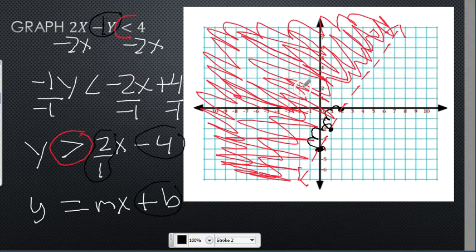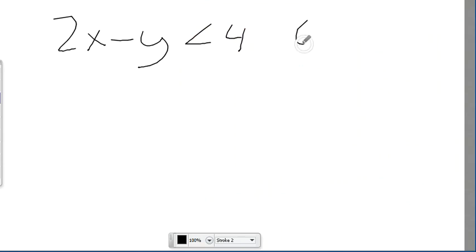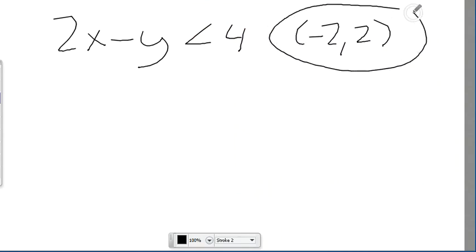Let's pick a point at -2, +2. So let's go back to our original inequality statement, and then we are going to plug in -2, +2. And let's see if this makes our inequality statement true. It should, because this point right here falls within our solution area.